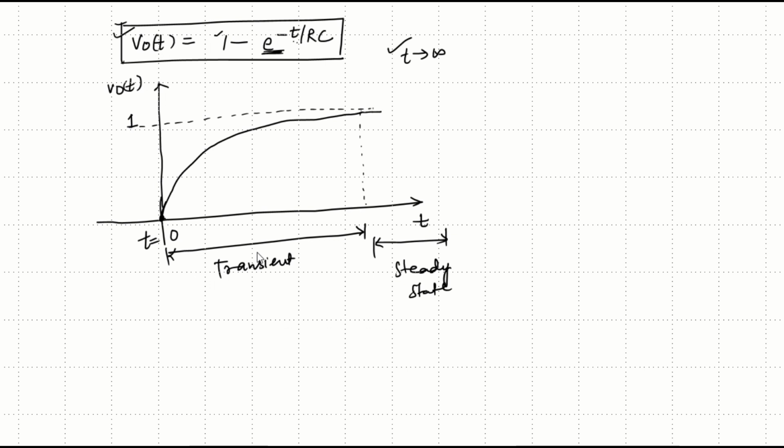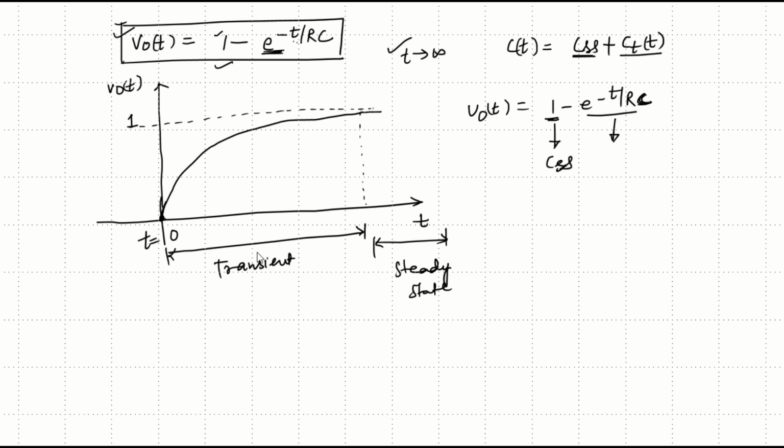As we already discussed, the overall response of a control system can be divided in two parts: the steady state response plus the transient response. In this expression, V0(t) is 1 minus e raised to power minus t by RC. The 1 is the steady state value, and the exponential term is the transient response.